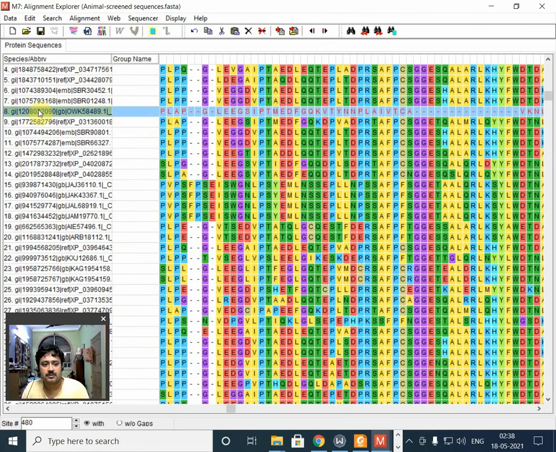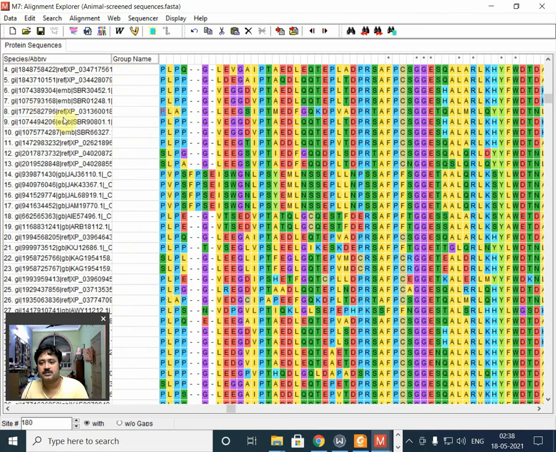Now you can see instantly we have 1, 2, 3, 4, 5, 6, 7, 8 stars generated over here, just as one sequence was deleted. So that is how much difference one sequence makes to any such alignment when you are going for such a study.